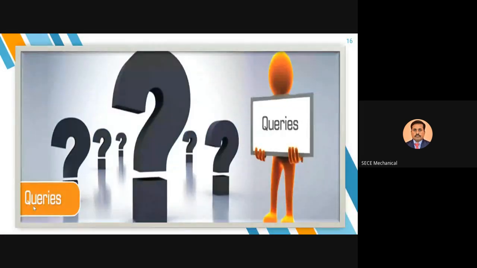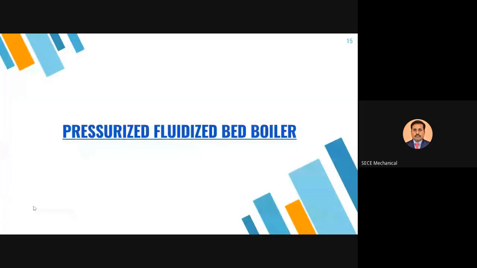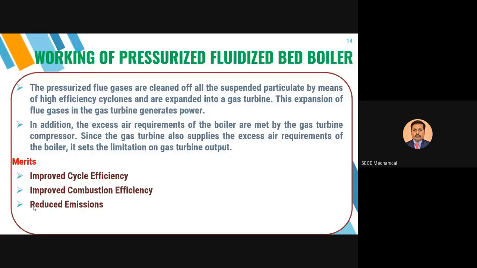These three are introduced in the furnace for better combustion, or improved heating efficiency, or to maintain the furnace temperature at a uniform level, or to improve steam generation. So we are moving to the fluid bed concept. These are some of the merits, or advantages. So that's all for now.